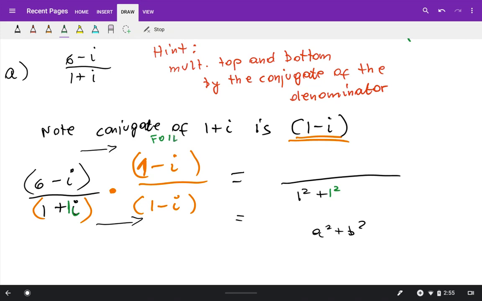So I'm going to multiply each by each. 6 times 1 gives me 6. Then 6 times negative i gives negative 6i. Then negative i times 1 is negative i. And negative i times negative i gives me i squared.